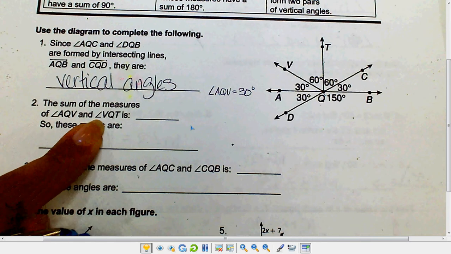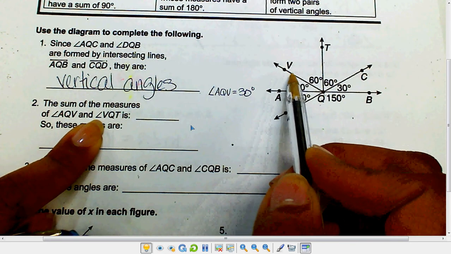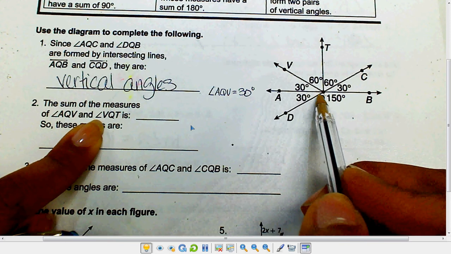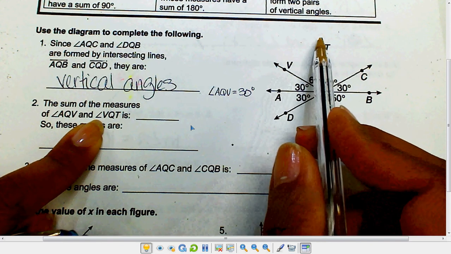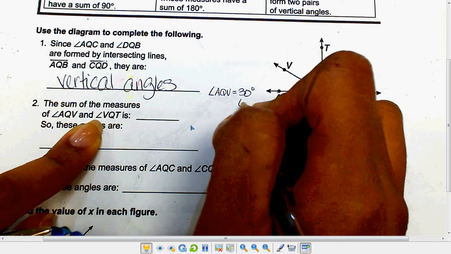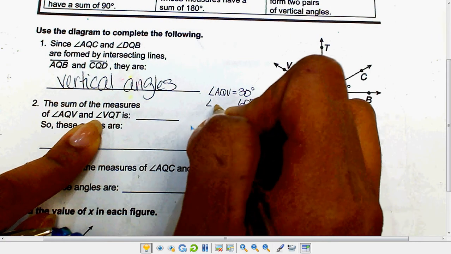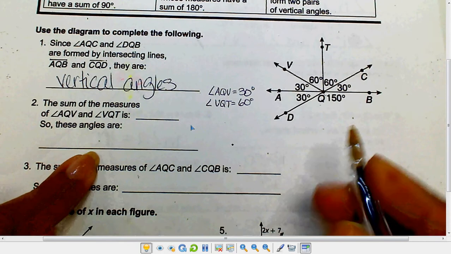Okay, now I want to go to VQT. So put your pen or your pencil on V, trace it to Q, now trace it to T. So you see sitting inside there was 60 degrees. So angle VQT is 60 degrees.